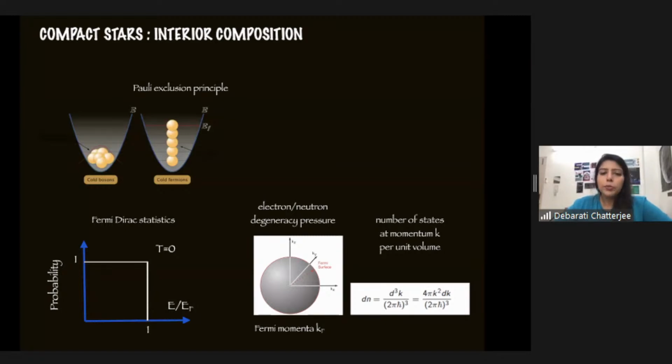So Fermi-Dirac statistics tells us that the number of states at a given momentum k per unit volume can be written in this way, and this comes from statistical mechanics.